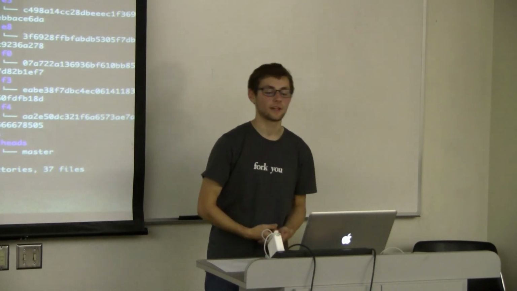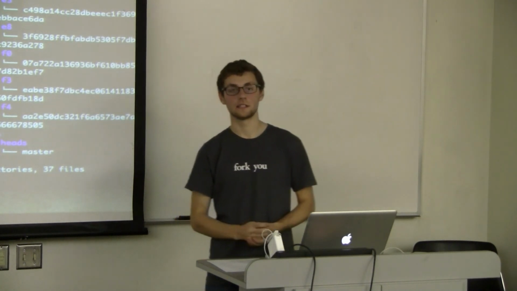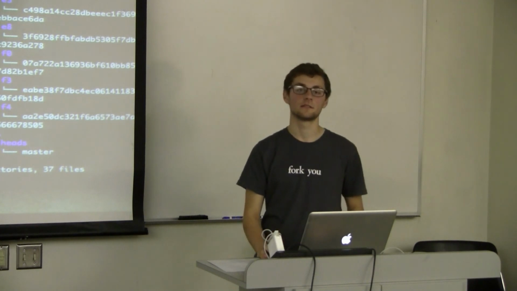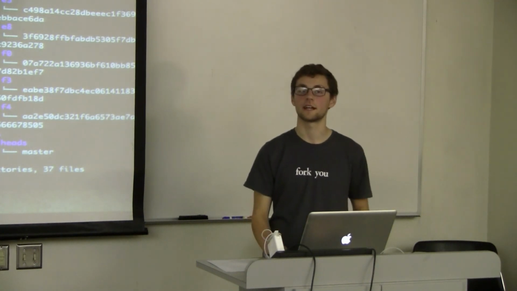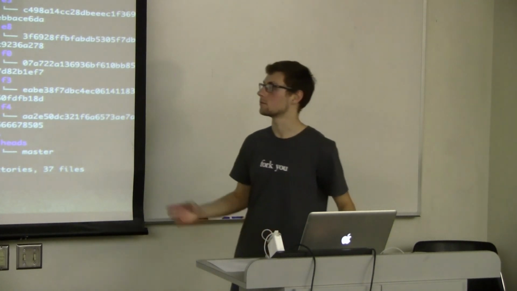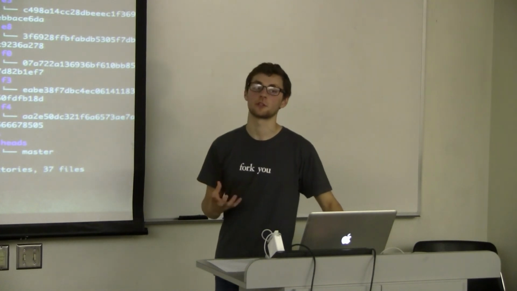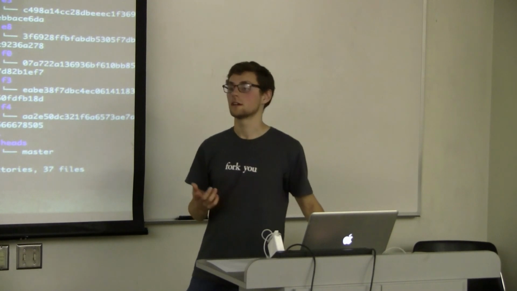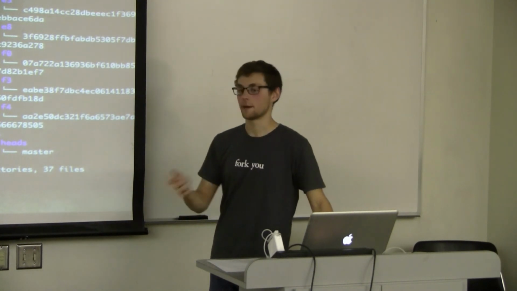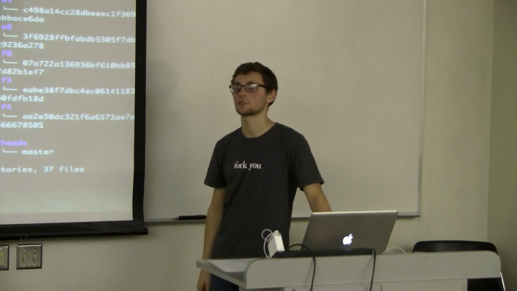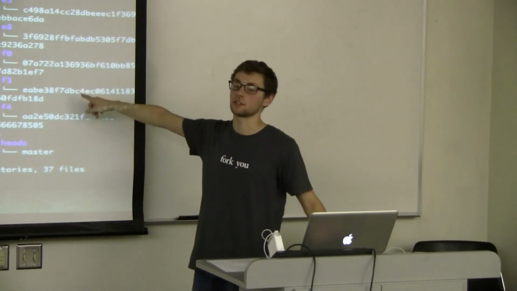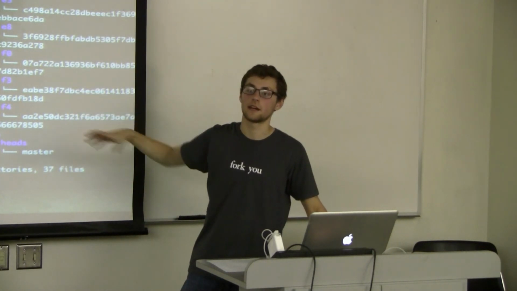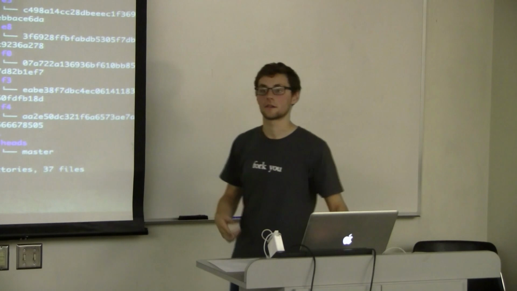I've never had to do that, but it is specified in the Git documentation. There's a whole tutorial on how to do it. So, as you were saying, if I clone this repository somewhere else, I still get every single one of these objects. Everything from the repository still gets cloned.